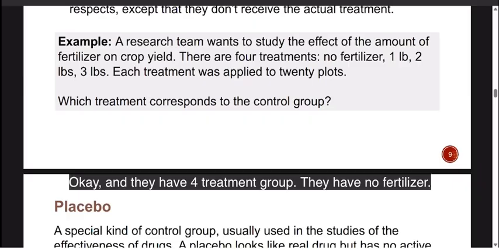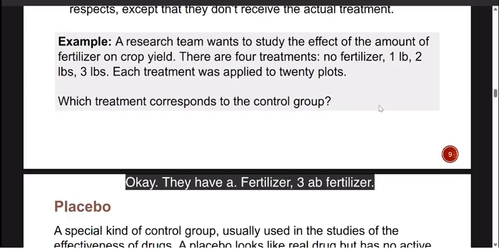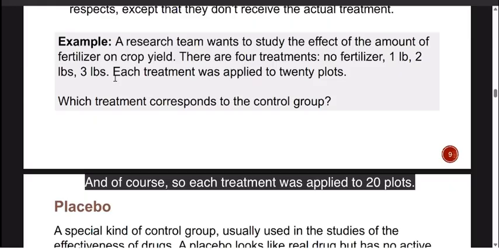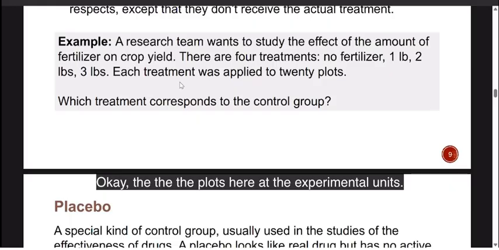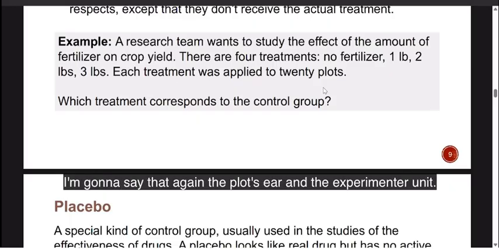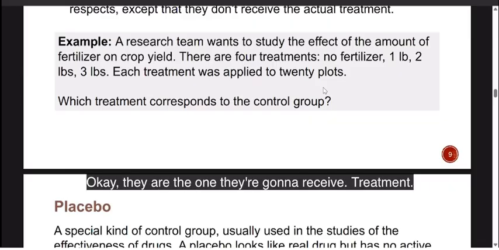They have 4 treatment groups: no fertilizer, one AB fertilizer, 2 AB fertilizer, 3 AB fertilizer, and each treatment was applied to 20 plots. The plots here are the experimental units. I'm gonna say that again. The plots here are the experimental units. They are the ones that are gonna receive treatment.